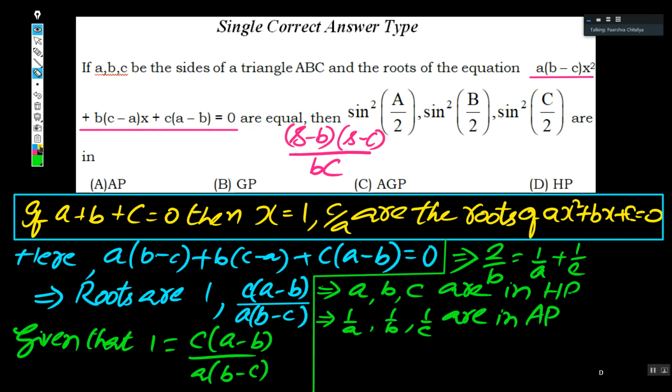Multiply throughout. If I multiply with abc, you will get bc here, ca here, ab here.